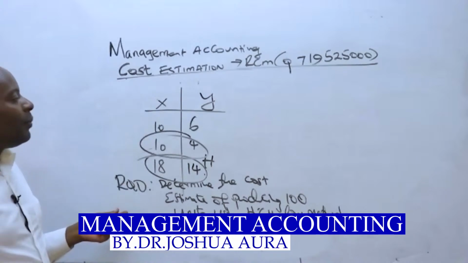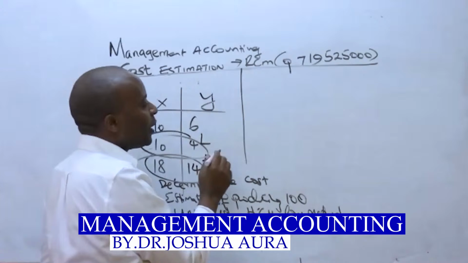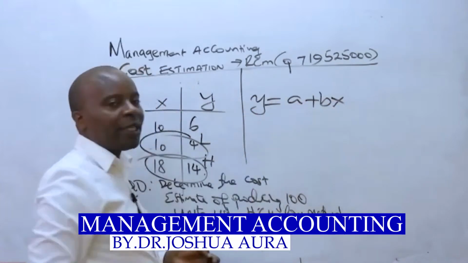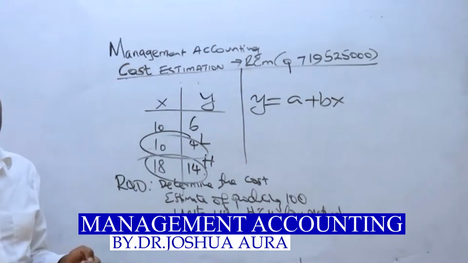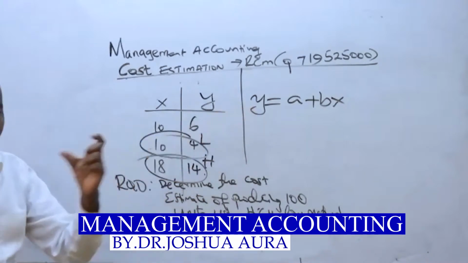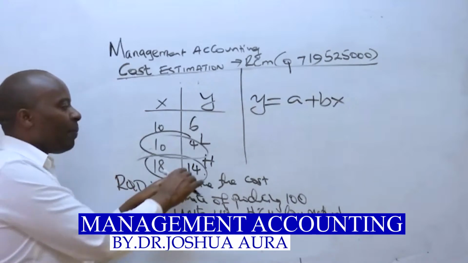Now, ladies and gentlemen, the moment I've been able to identify my highest and lowest point, the next thing will be for me to define my equations simultaneously. So remember that the general high-low equation looks like that. Come and develop the highest value first by plugging in.